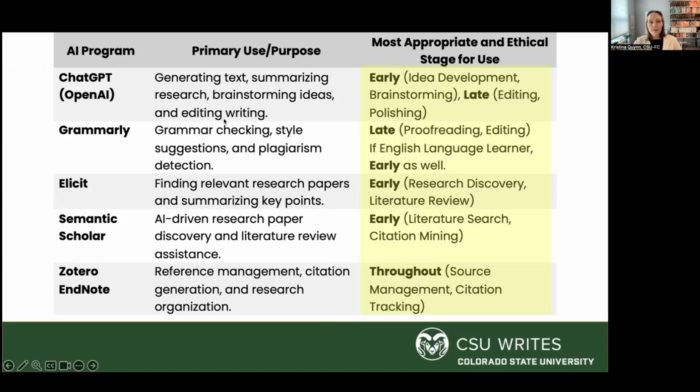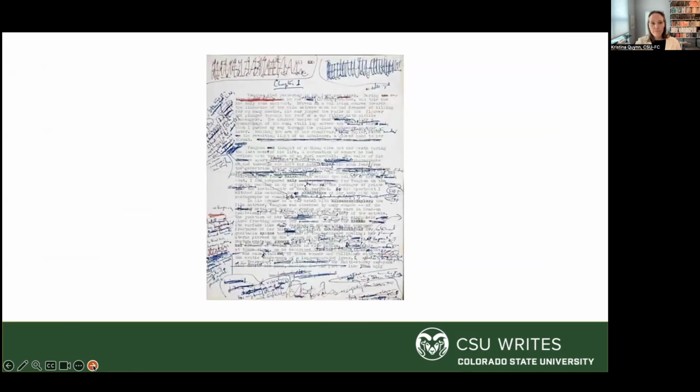And then we won't talk about illicit Semantic Scholar, Zotero or EndNote, but it is helpful. It is a reminder that if you're using these software tools, you need to be tracking what you're using and how you're using it, because many journals are now asking you to submit, and funding agencies as well, what it is that you've used and how you've used it.